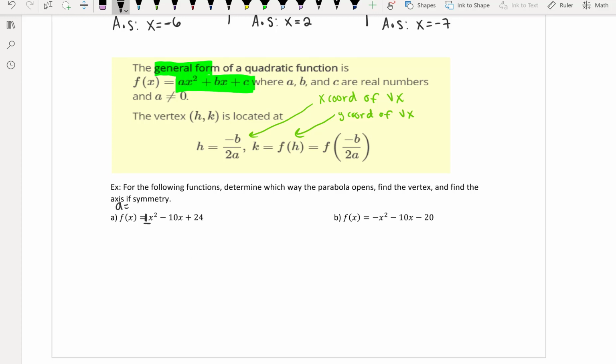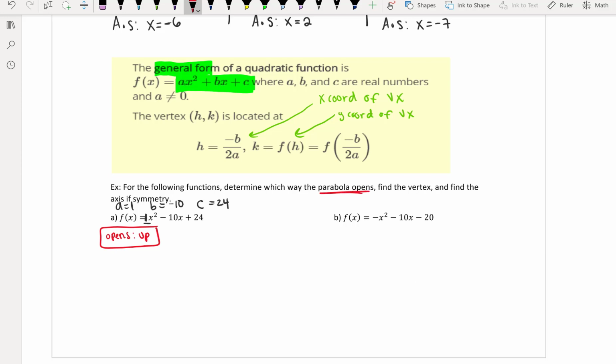My b is equal to -10, and my c is equal to +24. So at least from that a value, I can tell you that it's going to open upwards because it's positive. So opens up. There's one answer that I have.